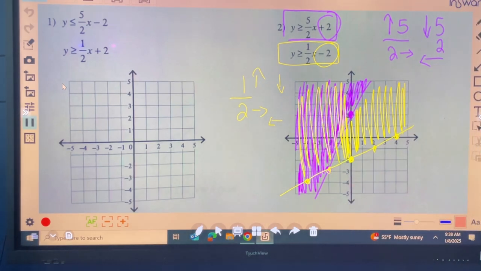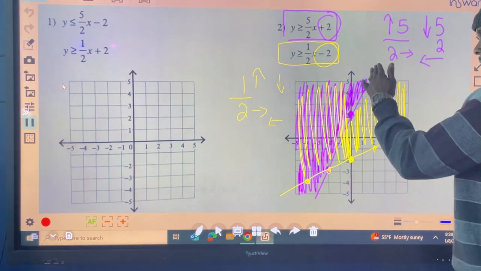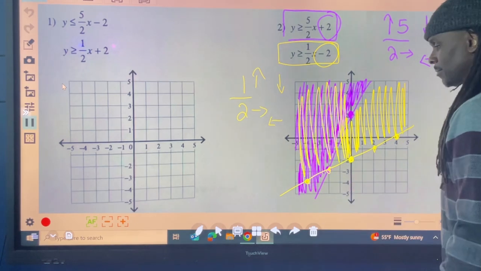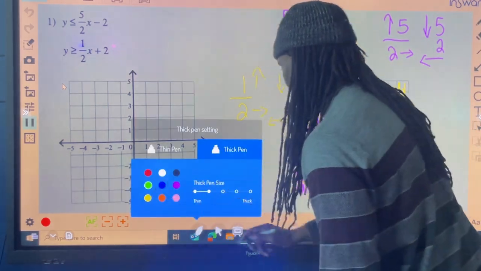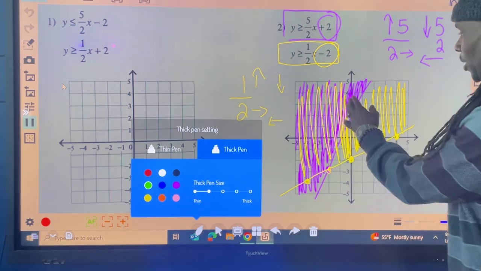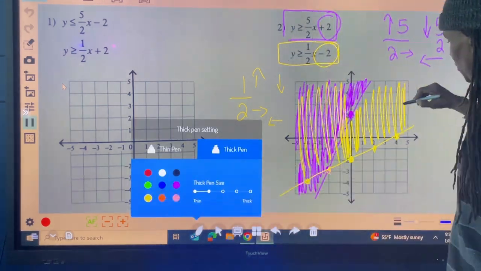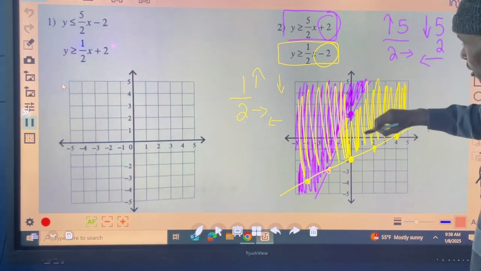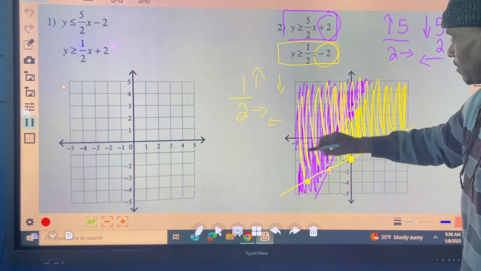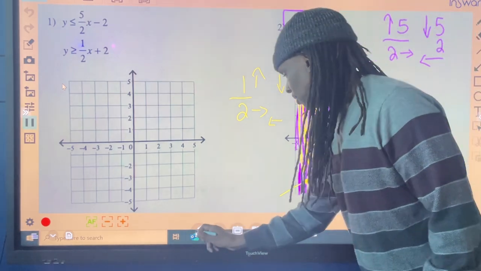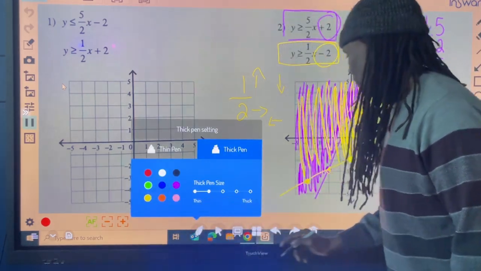And remember, where's your answer going to be? Where they both overlap. So I'll show you right here. Your answer is where yellow and green interact. So remember, all of this is up. So it's where the yellow and purple meet.